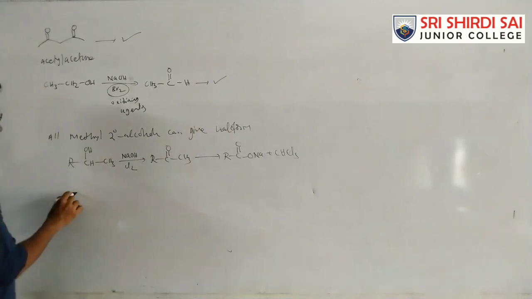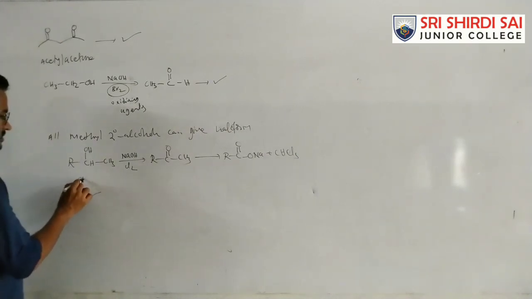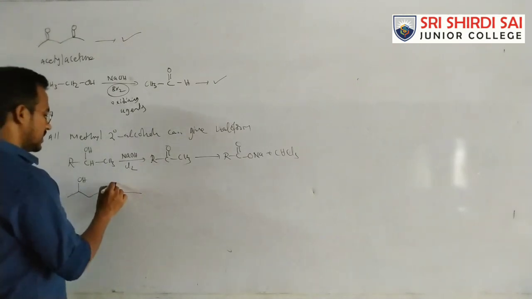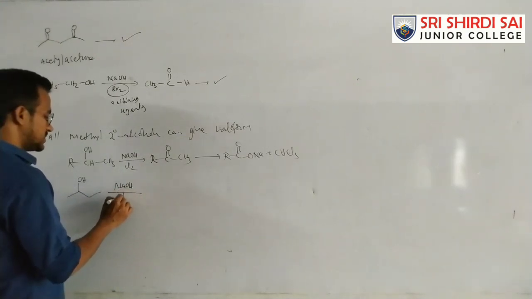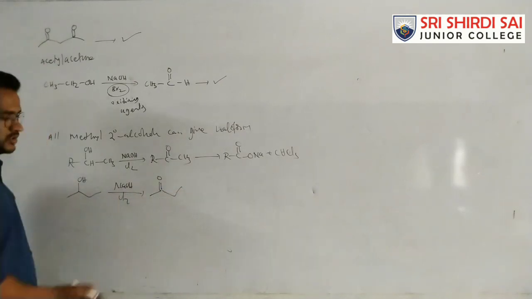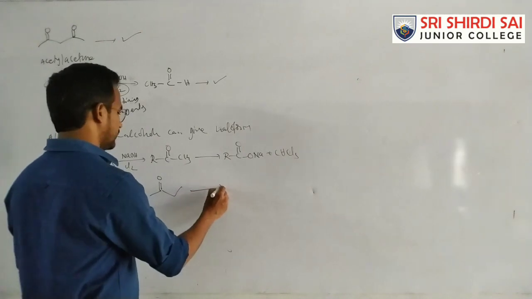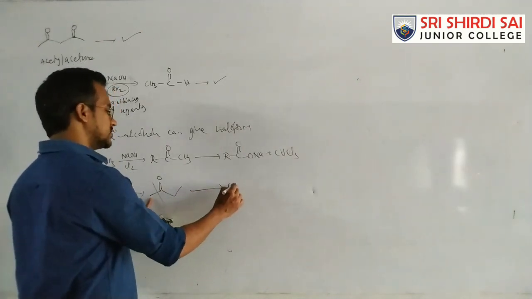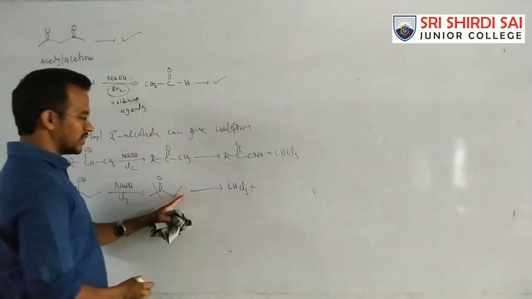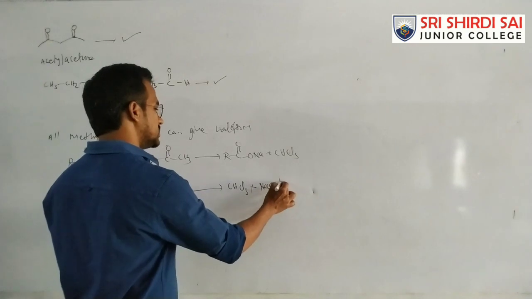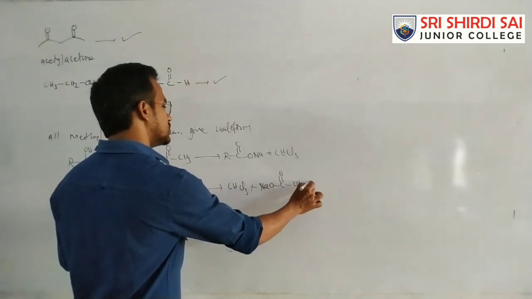That means here this secondary butyl alcohol can give the reaction with NaOH plus Cl2. First of all, it is oxidized to methyl ethyl ketone. The methyl ketone can give the iodoform. That means you are breaking like this: this methyl is converted to CHCl3, and the remaining one is converted to acid, so NaO-C=O-CH2CH3.